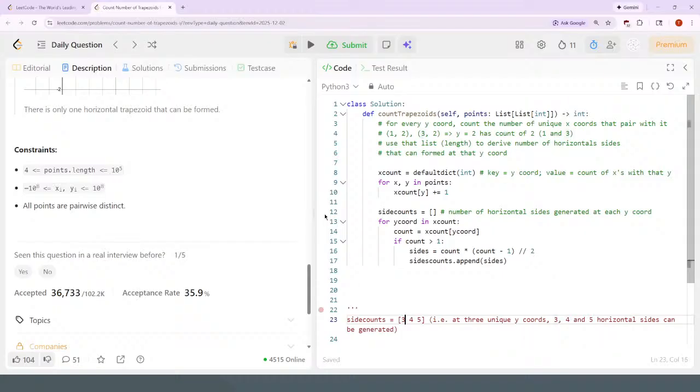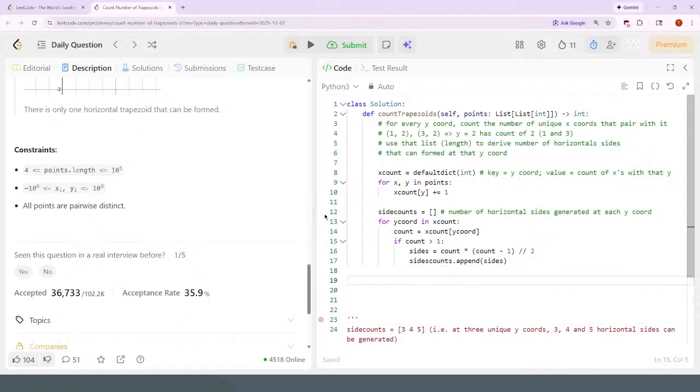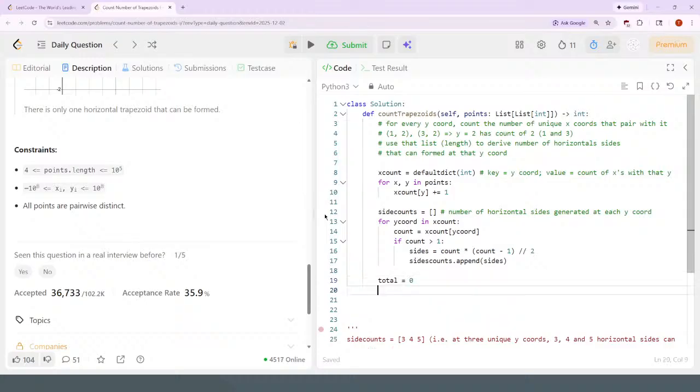So then I'll go through here and say that each of the 4 sides at this y coordinate is going to combine with any of the 3 here, and each of the 5 here is going to combine with any of the 7 here, and the 3 can make it more. So let's say I have a total of 0.